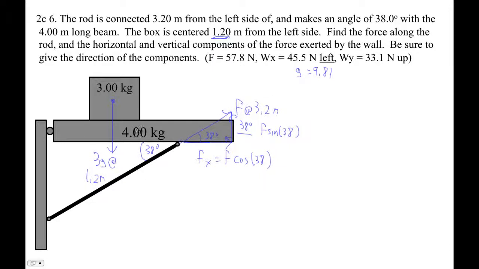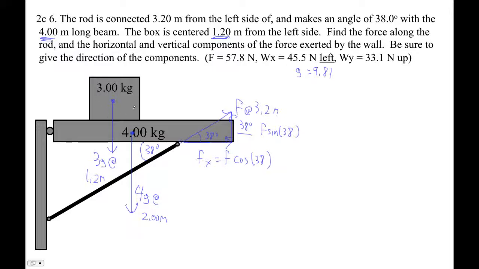We've got the force of gravity from the beam. That's 4g, 4 times 9.81, right? And it's a 4-meter long beam, so the center of the beam would be at 2 meters.